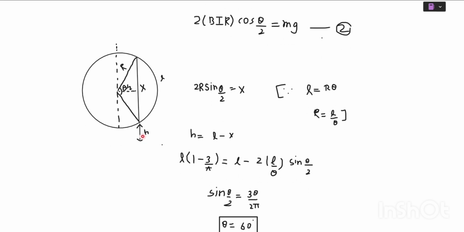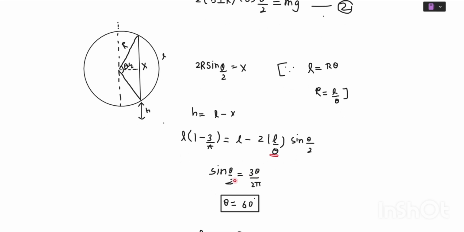To find the height h, we have to subtract L minus this x, and h is given in the question. Now we have to find the angle theta. After simplifying this, finally we get sine theta by 2 equals 3 theta upon 2 pi.